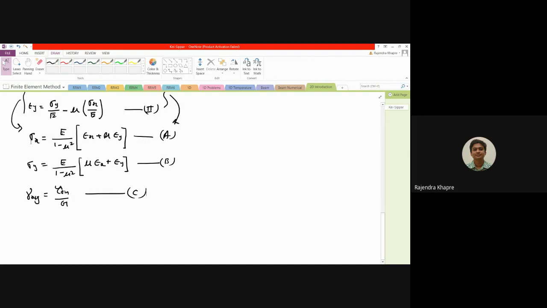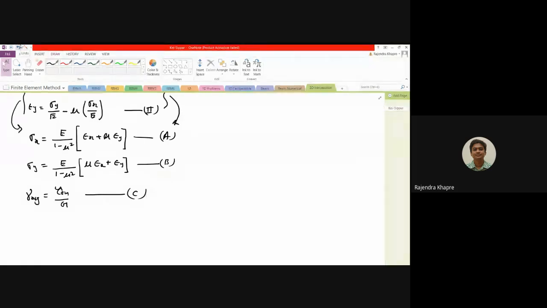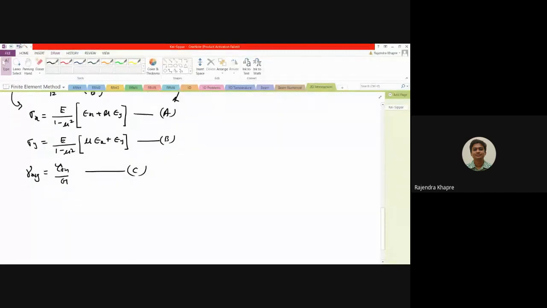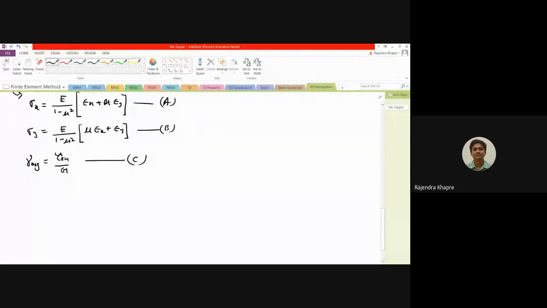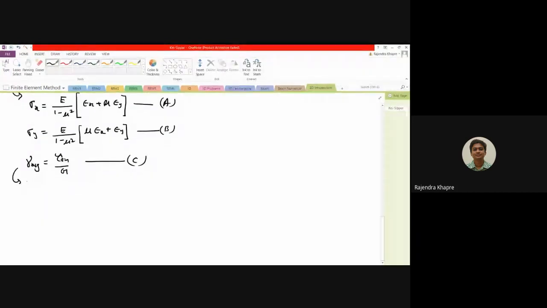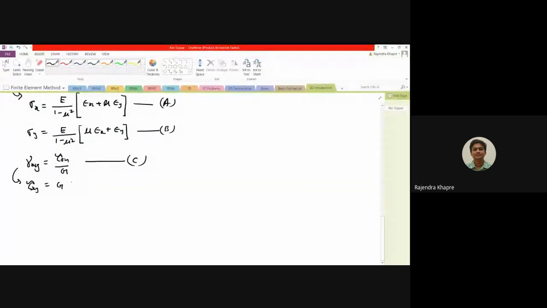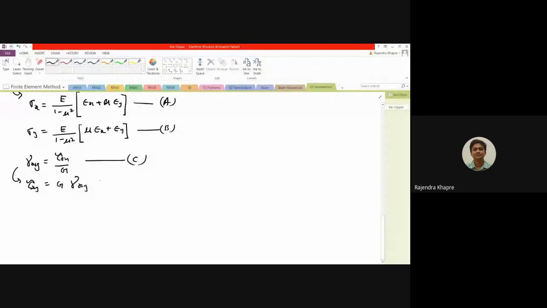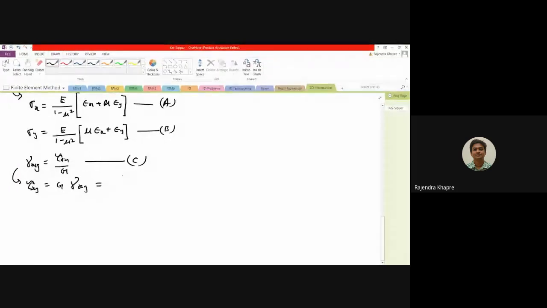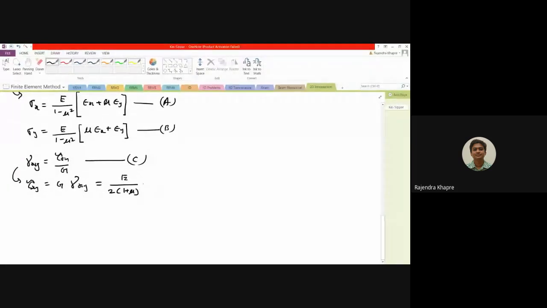Now I can rewrite this expression to calculate the value of tau xy. Tau xy can be written as G into gamma xy, and we know the value of G as E divided by 2 into 1 plus mu, into gamma xy.